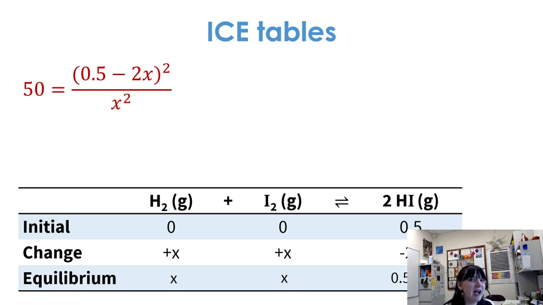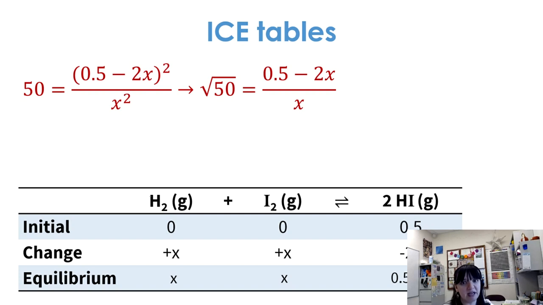Remember that when we have a fraction and the numerator is a square and the denominator is a square, we can just take the square root of the entire fraction and that will remove the square from both the numerator and the denominator. So if I were to take the square root of both sides of this equation, I would get the square root of 50 on the left side equal to 0.5 minus 2X divided by X. The squares on both the numerator and the denominator have disappeared.